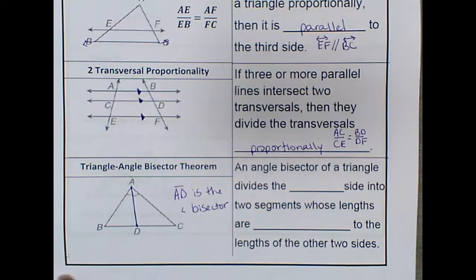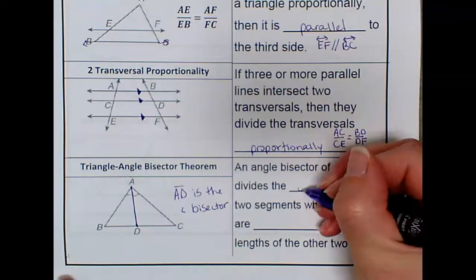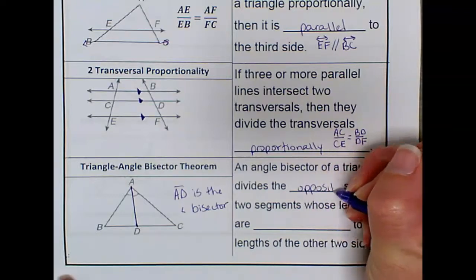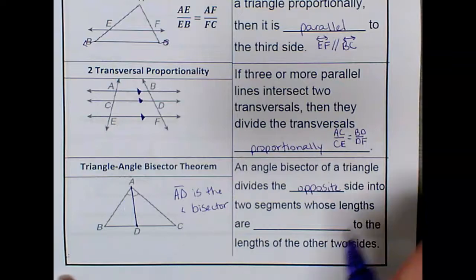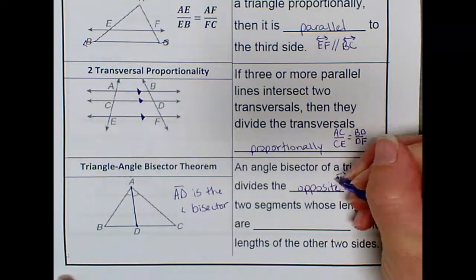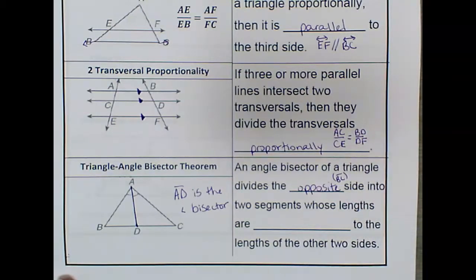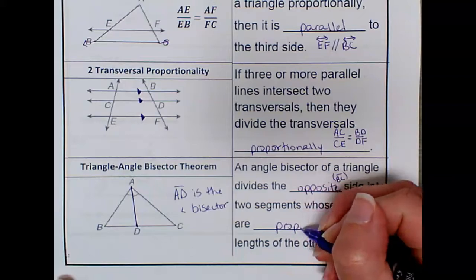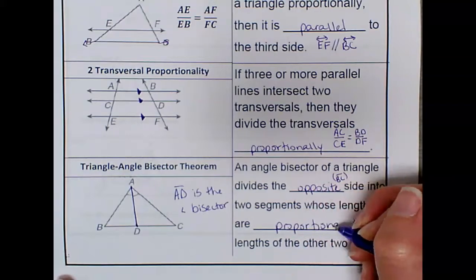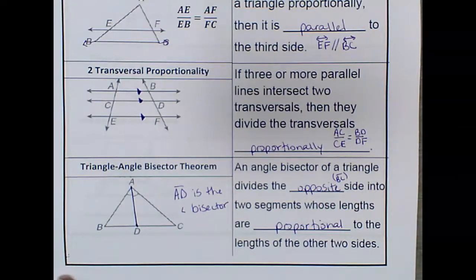So an angle bisector of a triangle divides the opposite side, and here the opposite side from this angle is side BC. So an angle bisector of a triangle divides the opposite side into two segments, BD and DC, whose lengths are proportional to the lengths of the other two sides.